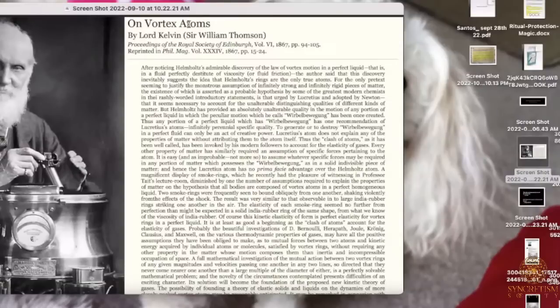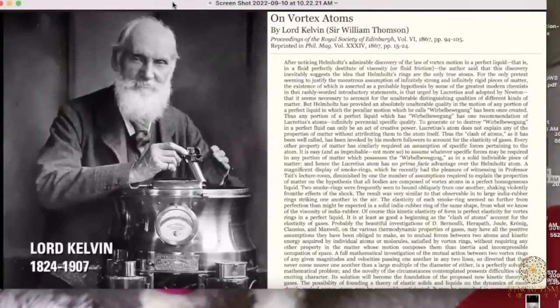Wherever you see an R, always replace it with an L. I've said this thousands and thousands of times, and you will unlock the secret of the universe just by exchanging the L with an R. Every time you see an R, put an L there, and vice versa. Okay, vortex atoms. Thank you, Lord Kelvin.